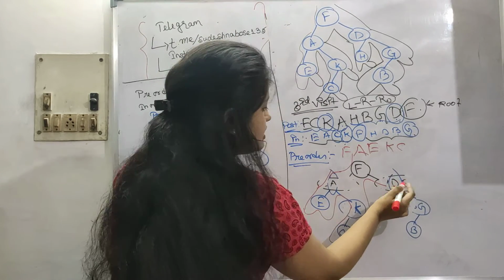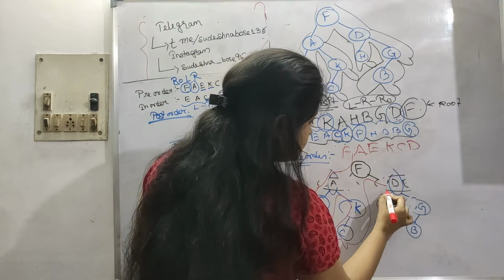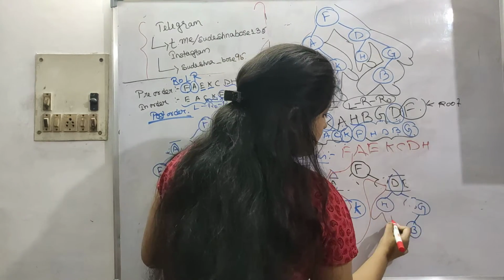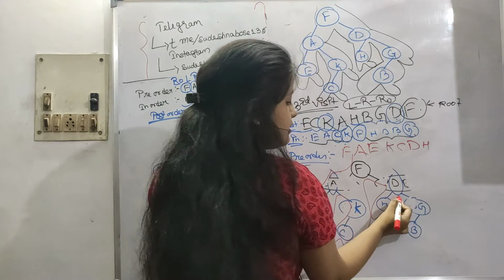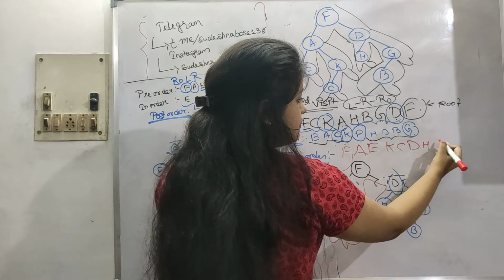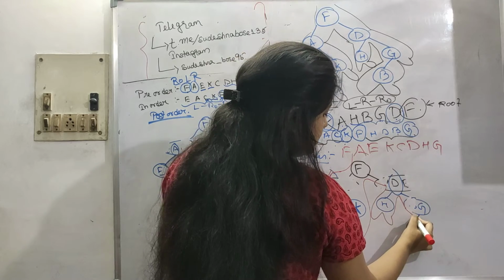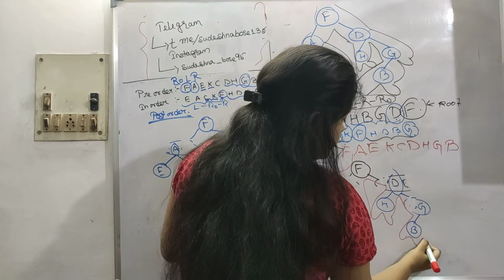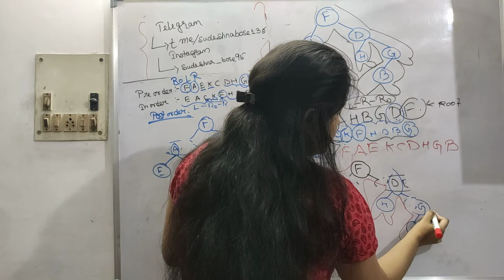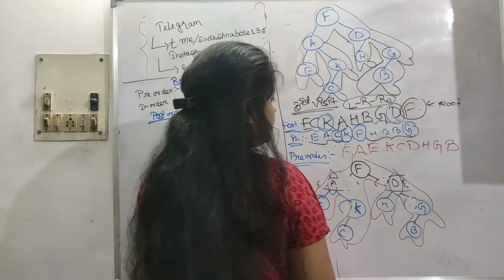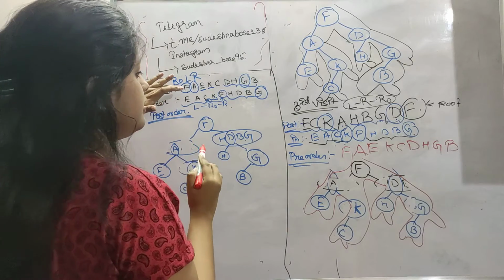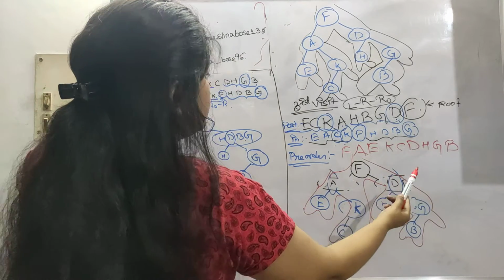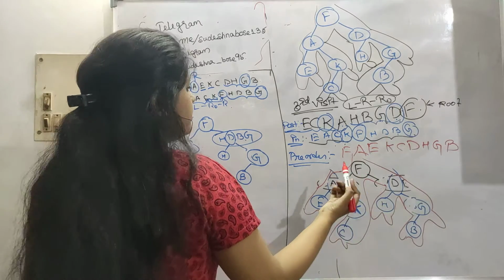Then first visit D, then first visit H, then second, third visited, D is visited second time, G is visited first time, G, then B is visited first time, B, and second, third. So let's check here: F, A, E, K, C, D, H, G, B. Yes.